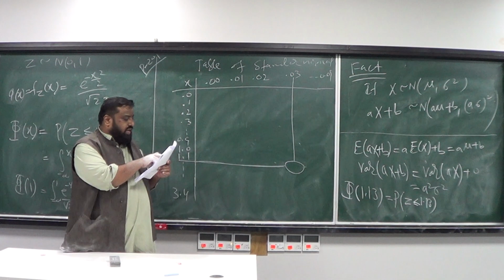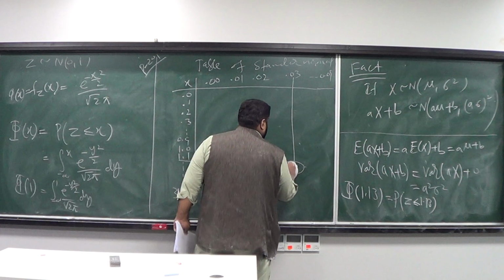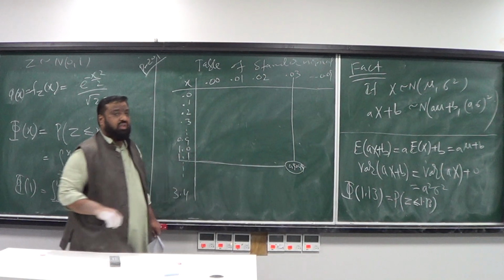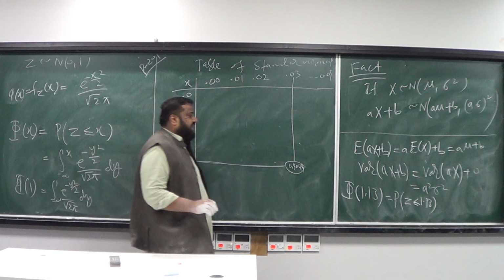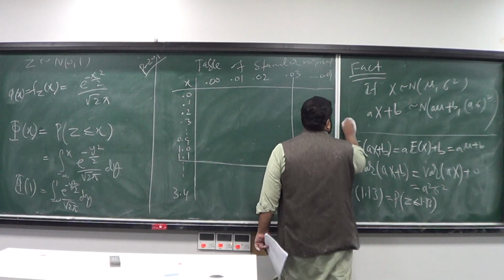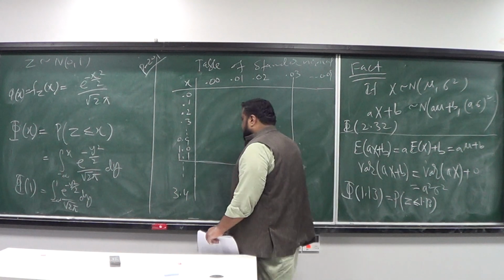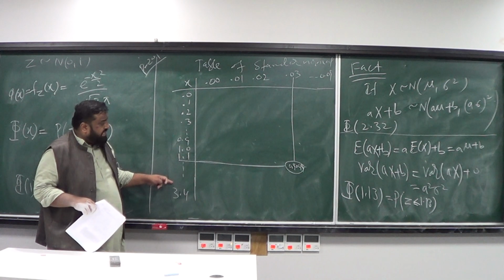For example, for 1.13 here it is 0.9049. So this is the probability, phi of 1.13. If you want, for example, phi of 2.32, then you know how to do it: you will go to 2.3 first.